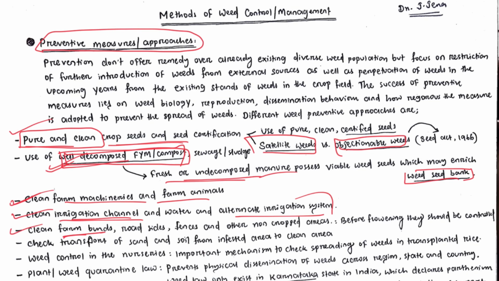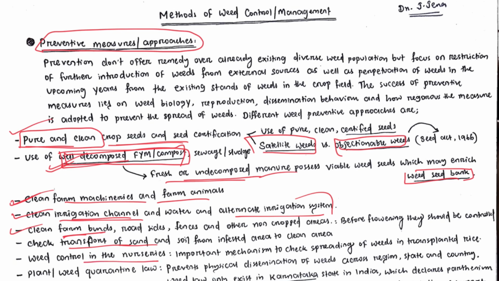What else can we do? We should not transport any sand or soil from a weedy area to our field. From wherever weed is dominant, from that area we should not import or transport any soil or sand to our field.